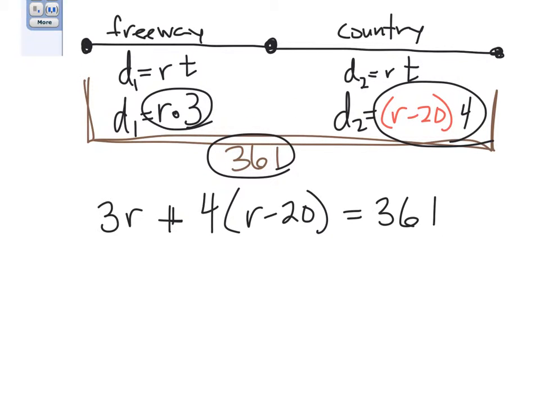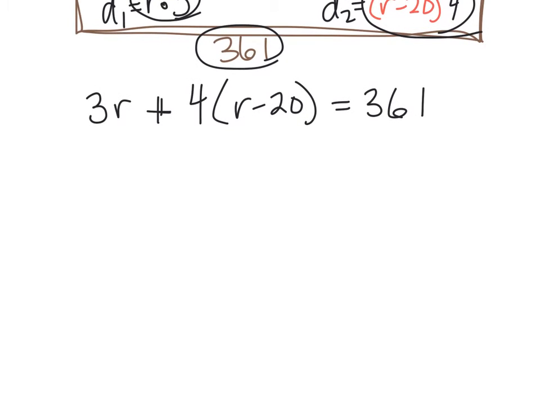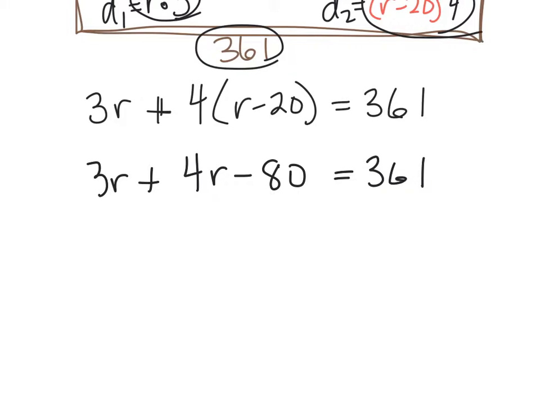So now we just have a fancy old algebra problem. So you've got 3R plus, and then this becomes 4R minus 80 equals 361. 3R plus 4R gives us 7R minus 80 equals 361.